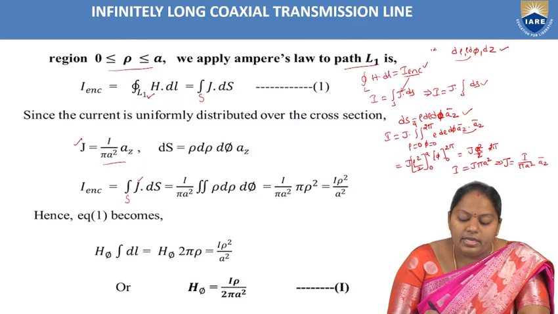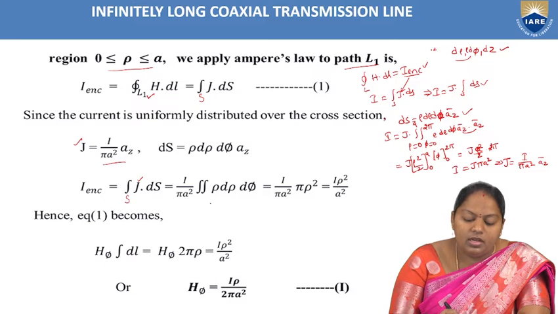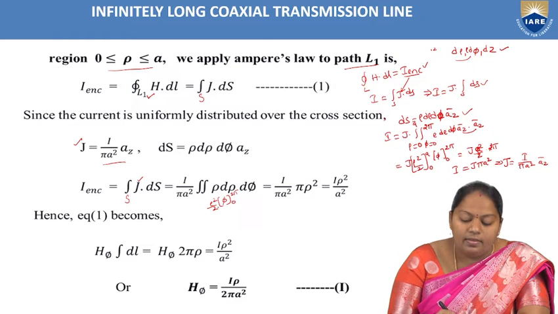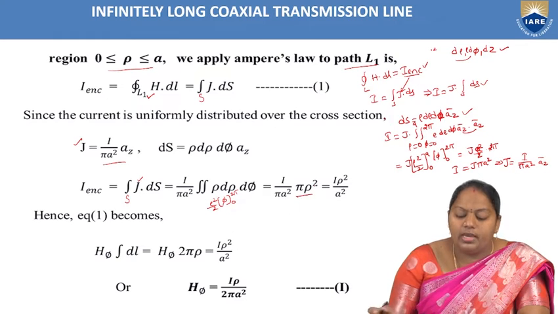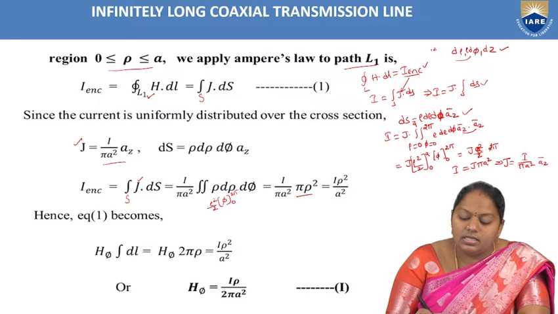If you integrate this, it becomes rho square by 2, and if you substitute limits for phi as 0 to 2 pi, then this 2 gets cancelled. Again the equation becomes pi rho square, which is equal to I rho square by a square. Why? Because this pi and this pi get cancelled. I into rho square by a square.